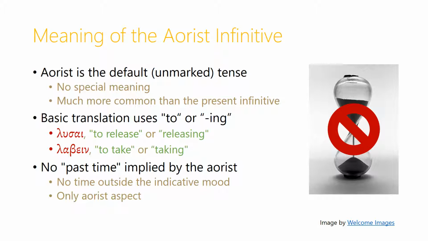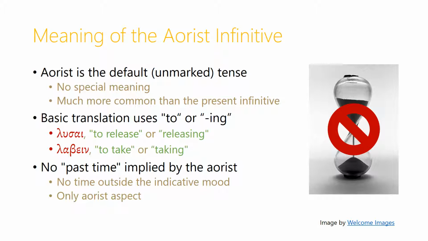But when we're translating an aorist infinitive, we can just use a basic translation with 'to' or '-ing.' So lusai would just be 'to release' or 'releasing,' and labein would be 'to take' or 'taking.'